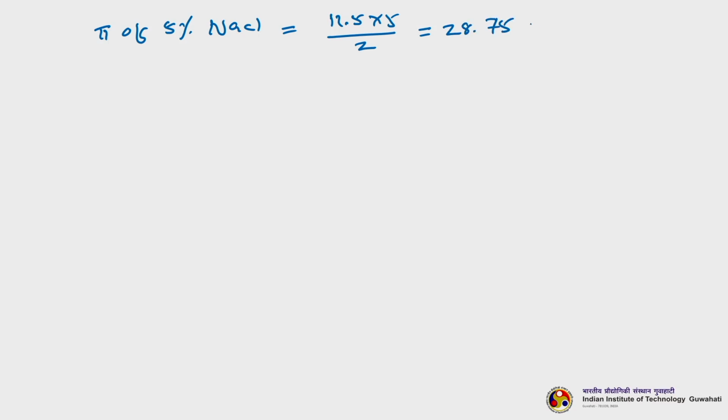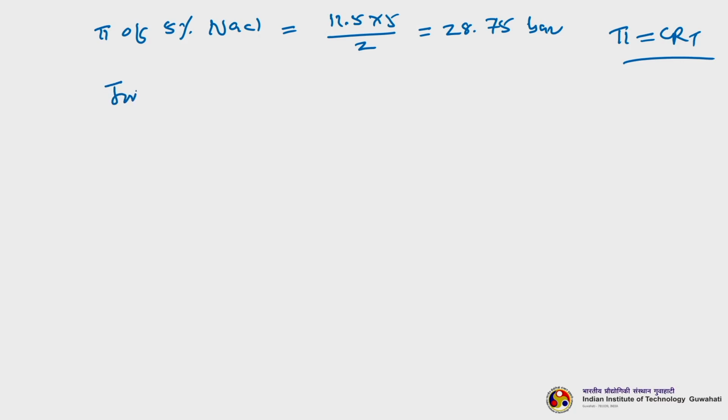Now, we can calculate pi of 5% NaCl from that data of 2% NaCl. Basically, it is 11.5 into 5 divided by 2, which is 28.75 bar. This is taken from the equation pi equals CRT.